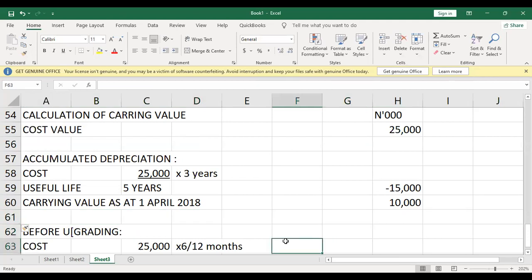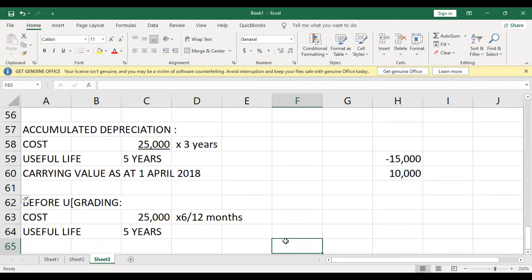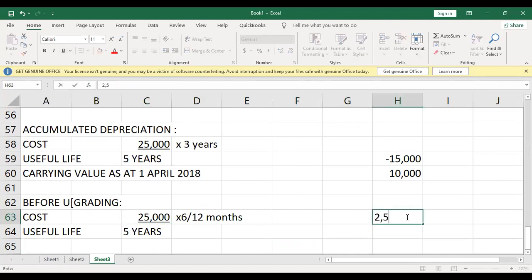No. What should it be? 2.5. Okay. If we subtract it, what will we have?